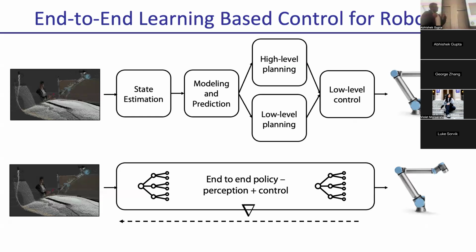And saying, let's take a data-driven approach to robot control, and let's try to collect a bunch of data and learn a policy, a controller, that goes from perception to action. So your big neural net subsumes state estimation, planning, and control into a single large model.